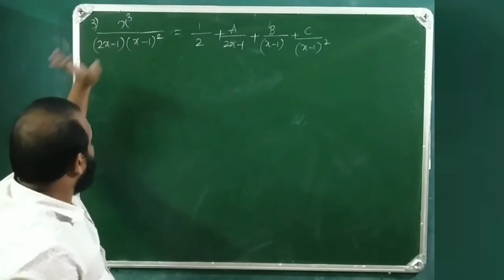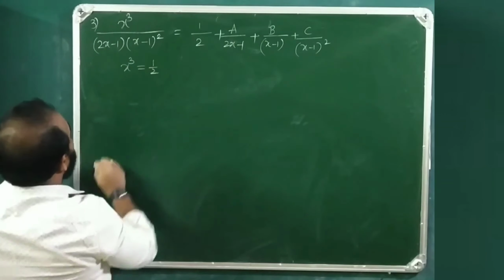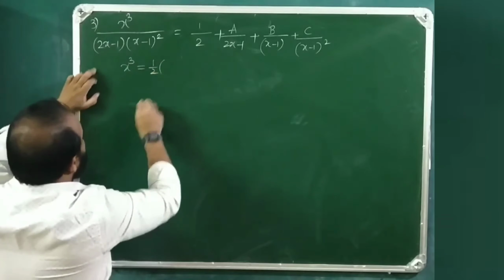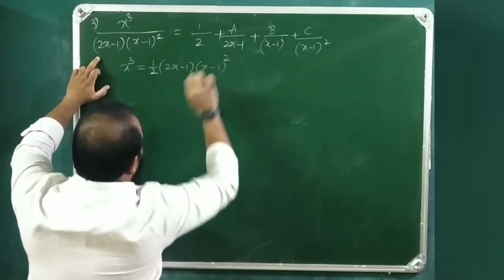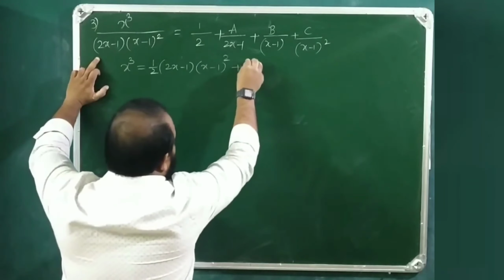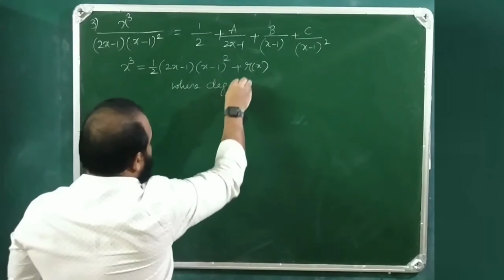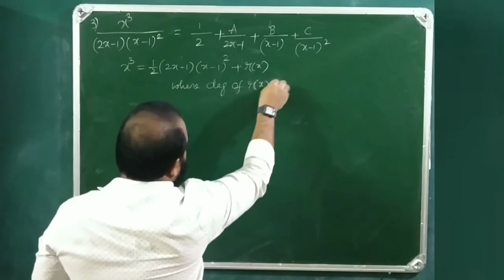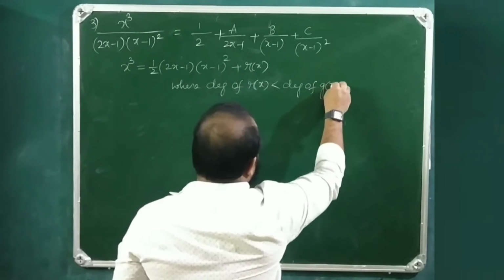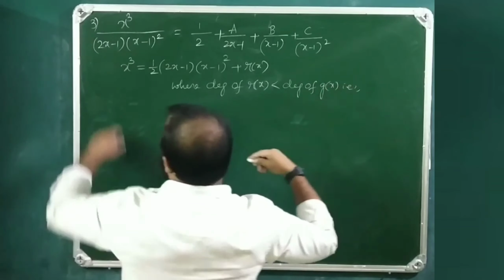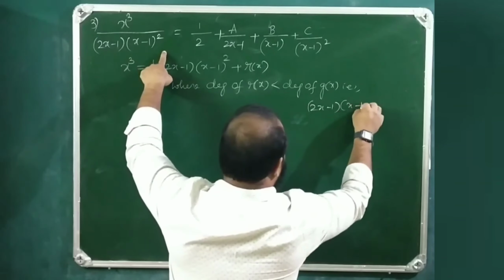So here x cube is equal to 1 by 2 into (2x minus 1) into (x minus 1) whole square plus r of x, where the degree of r of x is less than the degree of g of x, that is 2x minus 1 into x minus 1 whole square.